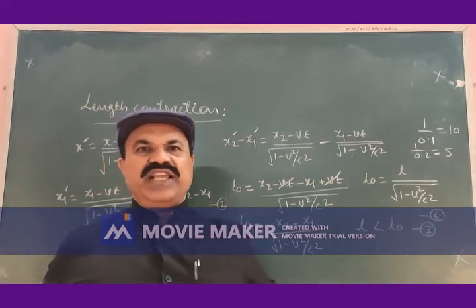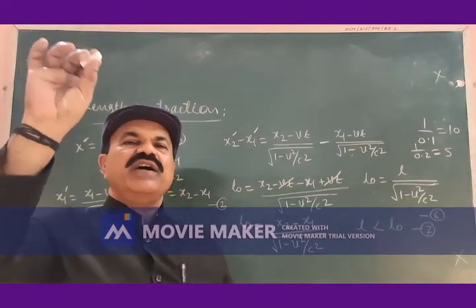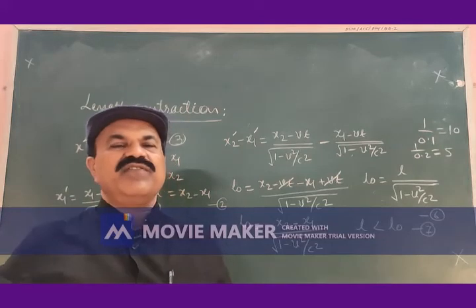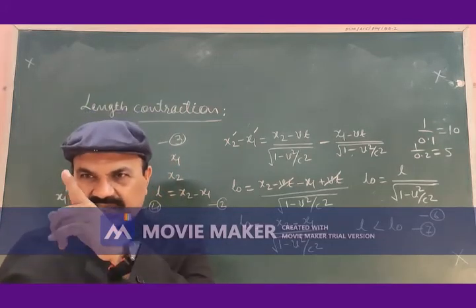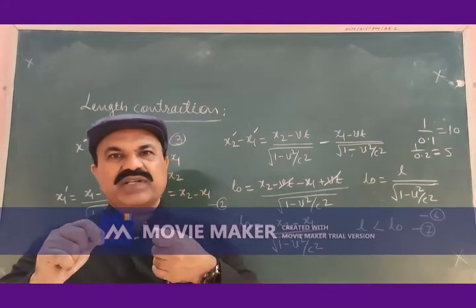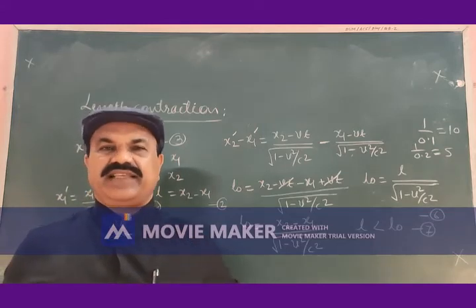We are stationary, we are the observer. One object is moving away from us. If we observe the length of the object, we find that it is decreasing continuously.